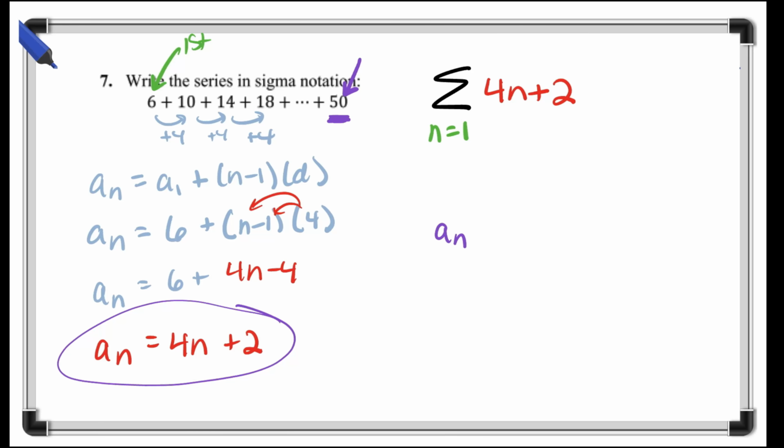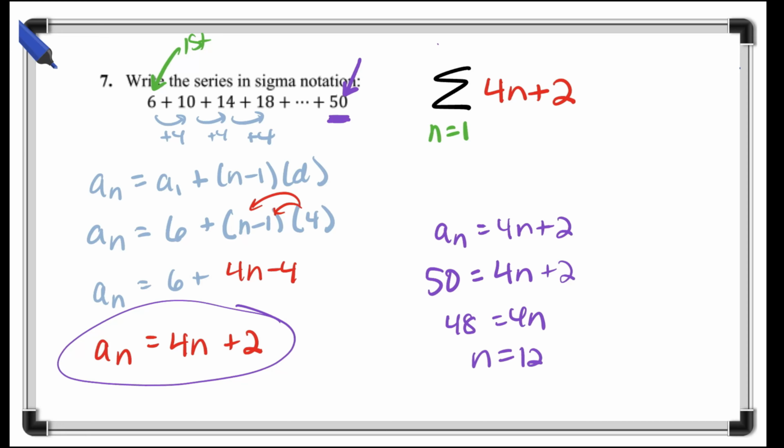So if I use a sub n and I have my general term, if I put 50 in, you'd be figuring out what is that n? What is that number of term where the answer is 50? So if I subtract, I get 48. So n is 12. So this 50 is our 12th term in that series, and now you've written your series in sigma notation.